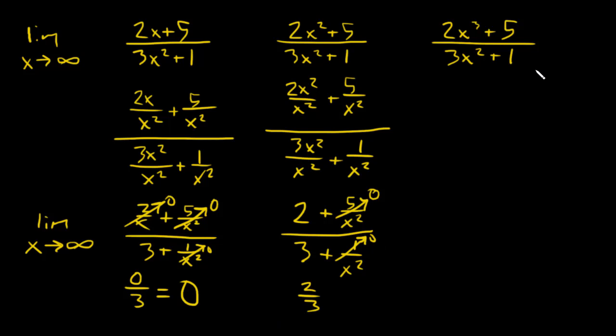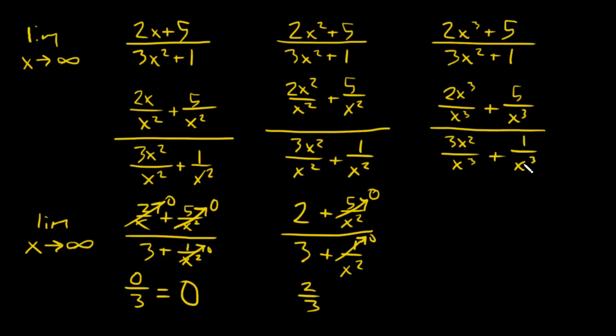Okay, now come over here. This one is a little tricky. Alrighty, so if I divide everything by x cubed, I'm going to get 2x cubed over x cubed plus 5 over x cubed over 3x squared over x cubed plus 1 over x cubed.